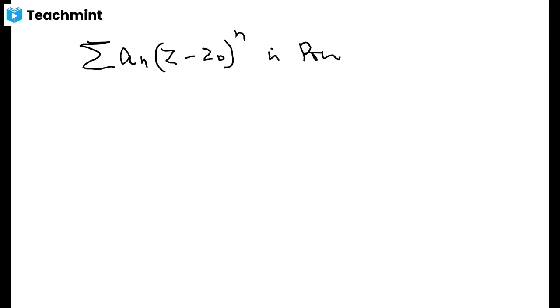In the last lecture, we introduced to you the concept of power series: any series of this form is called a power series.